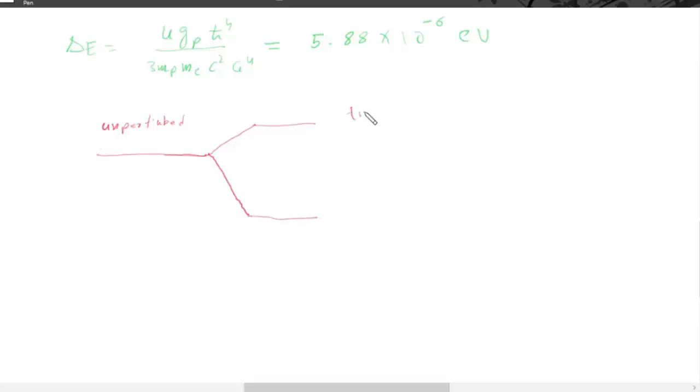This is the triplet state, and this one is the singlet. For the singlet the total spin is 0, and for this the total spin is equal to 1. Okay, and the difference between these two levels is this ΔE, this value. This is the ΔE between the triplet and the singlet states.